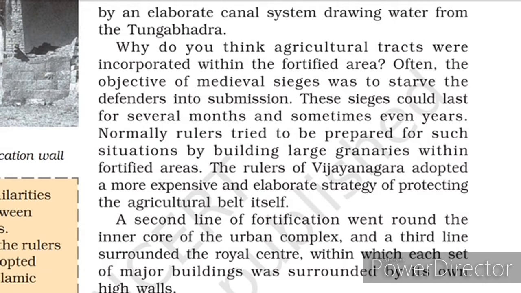That is why normally rulers try to prepare for such situations by building large granaries within fortified areas. But the rulers of Vijayanagar adopted a little bit expensive and different type of strategy for protecting the agricultural belt itself.